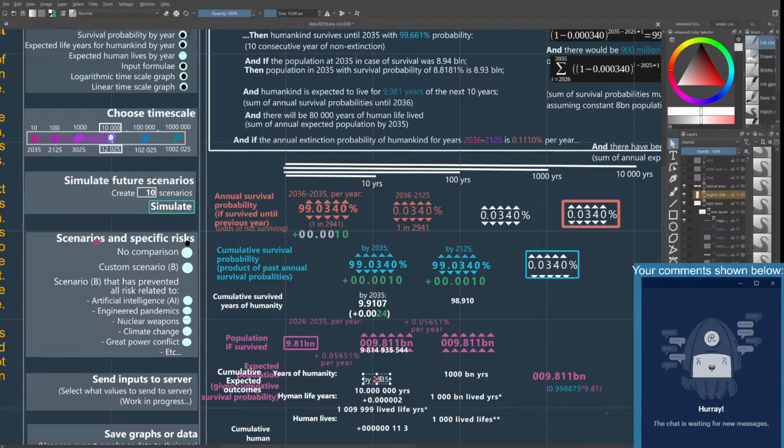Everything goes lower a little bit, and then we have this expected population, which is gonna be not a very precise level.